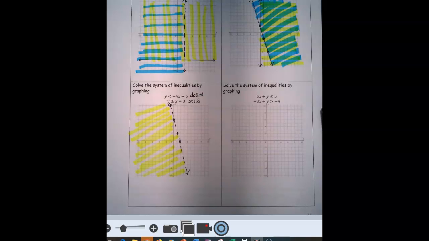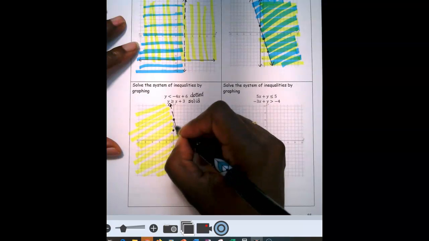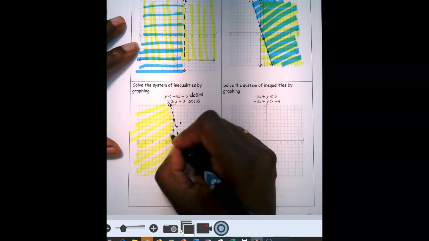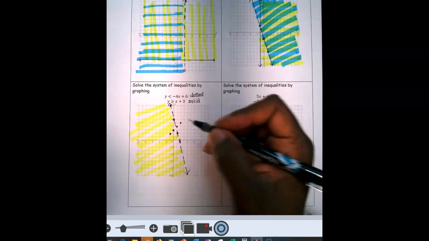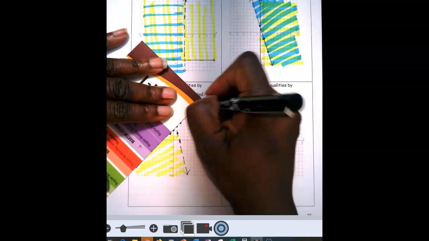And then we have our other line that says y is greater than x plus 3. So I'm going to start at 3 and go up 1 and over 1, up 1 over 1. This is a solid line.